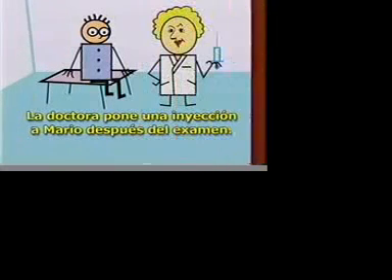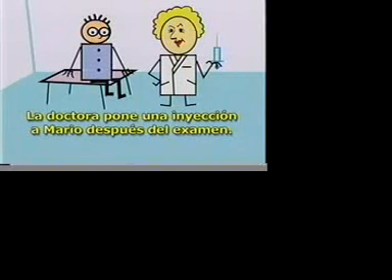Check out the sentence. La doctora pone una inyección a Mario después del examen, which means the doctor gives a shot to Mario after the examination. We can see that our verb is pone, a conjugated form of the verb poner. So we can say that la doctora is the subject since she's the one doing the giving. What's being given?